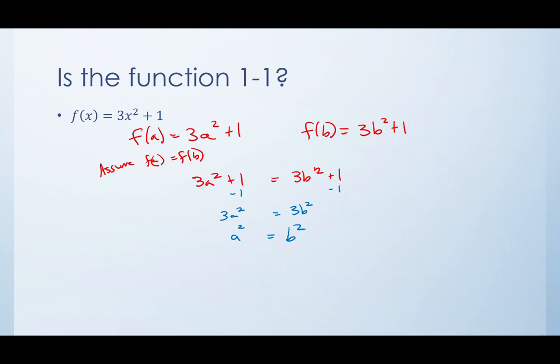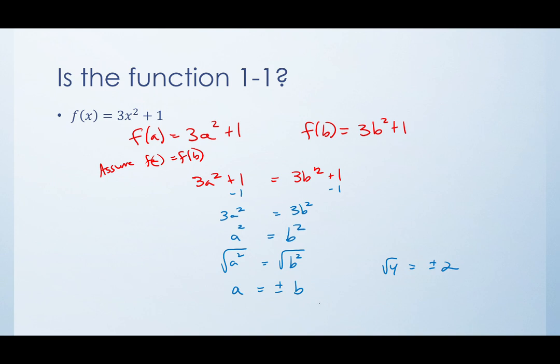Now here, we are going to take the square root of both sides to get rid of the square because we need to solve for a or solve for b. And the problem here is when you take the square root, you get two possibilities, right? The square root of 4 is equal to plus or minus 2. So this, the same output, has two different possible inputs.